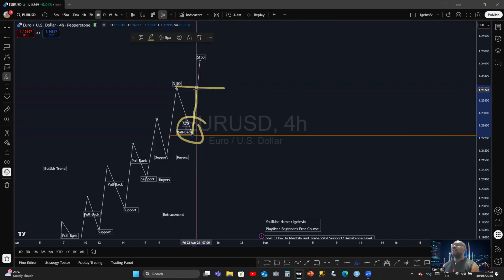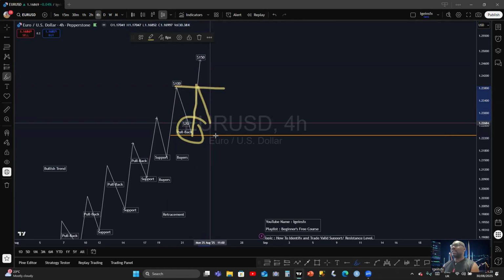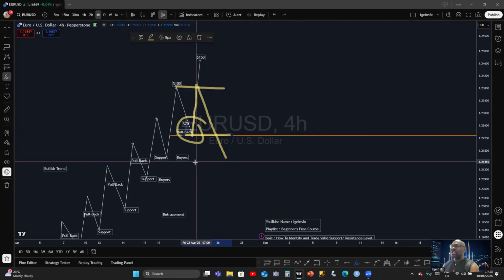That means there's every tendency that the sellers that are here don't want a new price. They want the market to start selling from here. And the next thing you will see is price pushing below this level, violating this support level, giving you a market shift or a change of character.